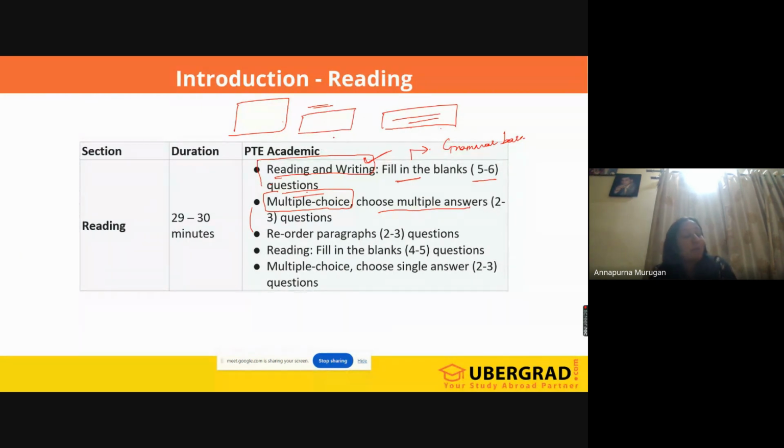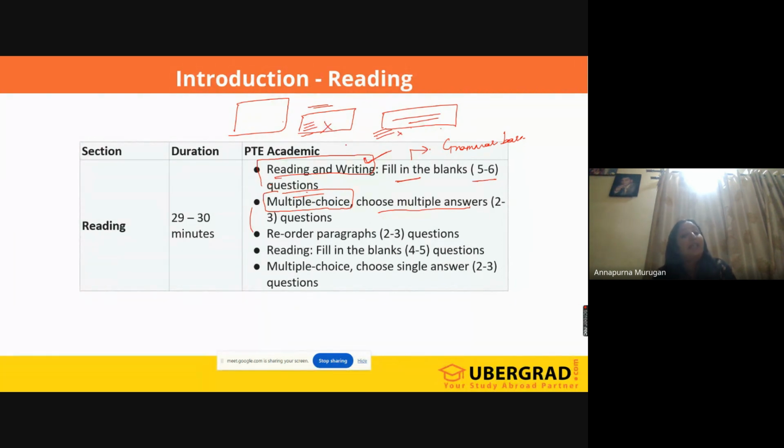When this type of question comes in, I'll tell you one funny part. Students think that, oh, more than one answer will be correct, so what we'll do, we'll mark all the options. No, guys, if you mark all the options, they won't be giving you any score. Even if the partial answer is correct, you won't get the score here.